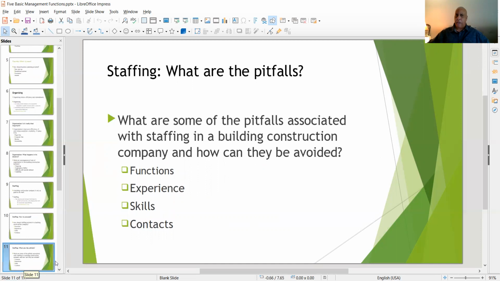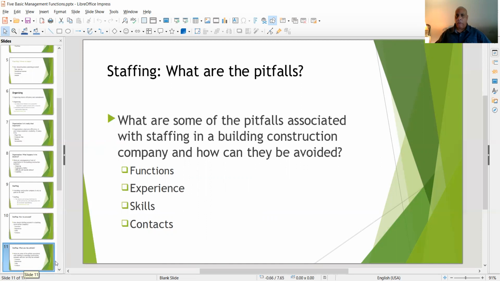When it comes to staffing, there are also pitfalls. Some of the pitfalls associated with staffing could be the functions aren't specific enough. There may be individuals who lack experience, skills and training may be lacking, and of course, the contacts.